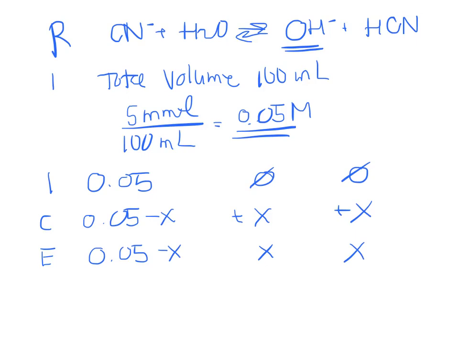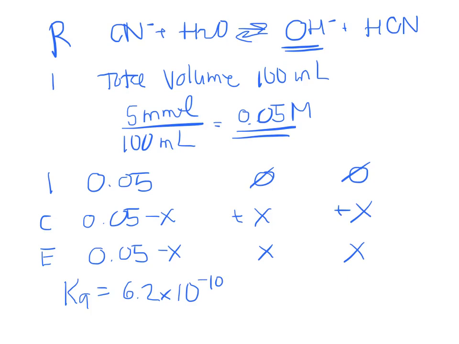Now, if we go back and we look at our OH, we know we have a basic solution. In our original problem, we were given the Ka equals 6.2 times, I think it's times 10 to the negative 10. Remember that? So, can we use the Ka here? Nope. Why not?